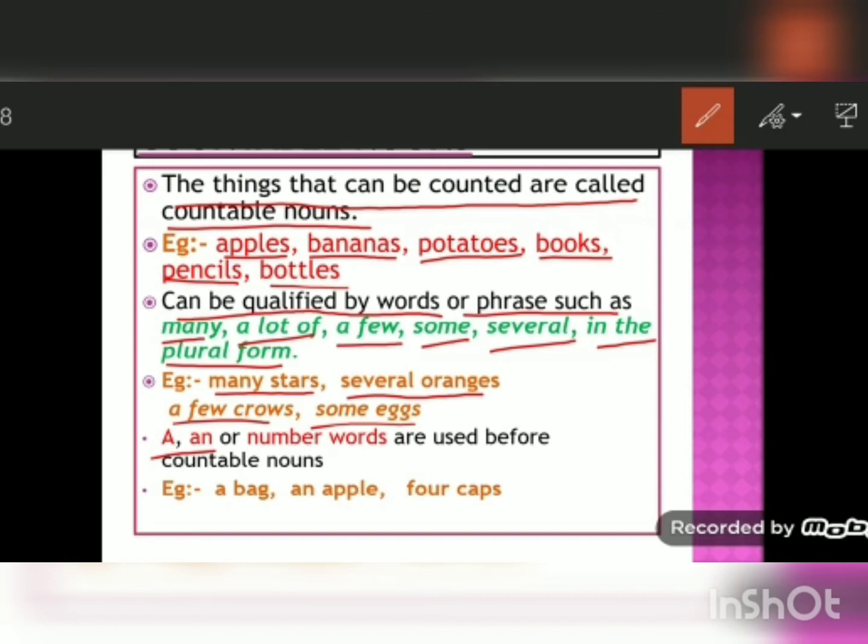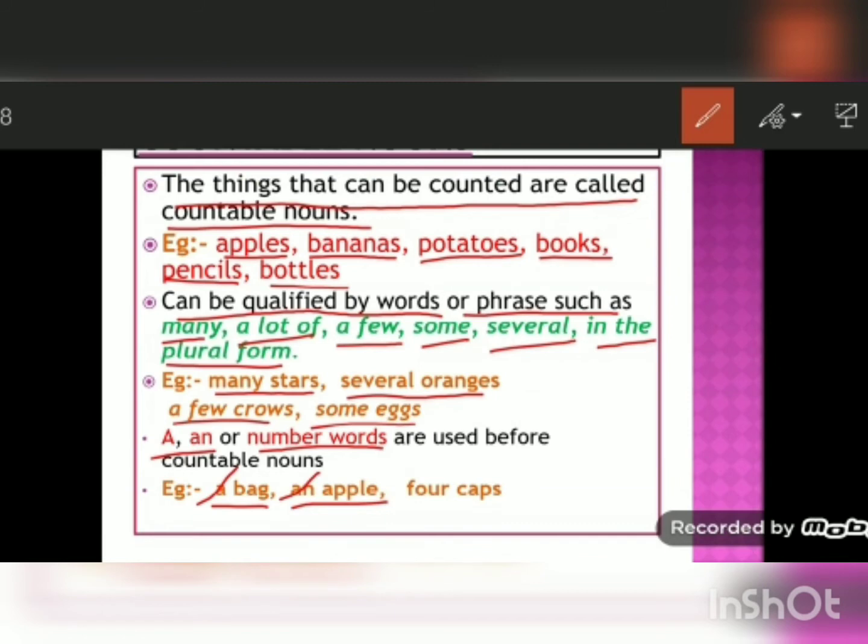A, an or number words are used before countable noun. A and an are articles, and number words like 2, 3, 4. In this way we can use them before the countable noun. For example, a bag. Here a is an article. An apple.